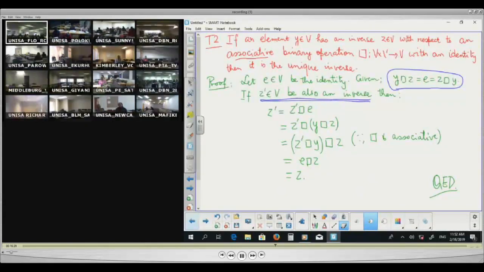If Z prime is also an inverse, this statement is exactly telling you that it is the definition of the inverse of Y. Clear? Yes, sir. So then the rest follows. Okay, that makes sense. Thank you, sir.